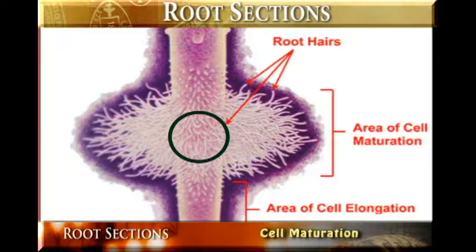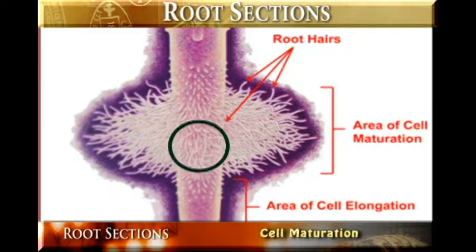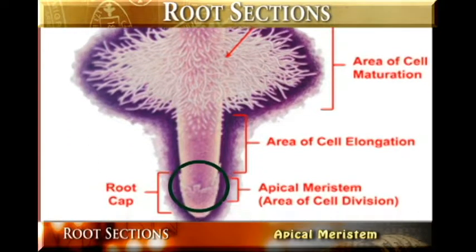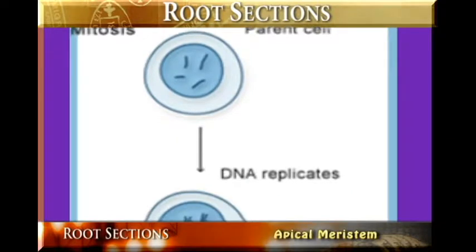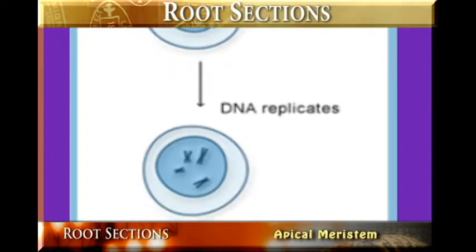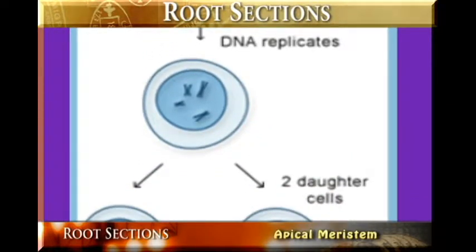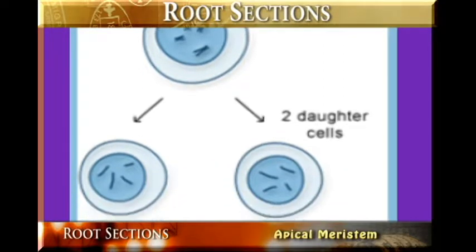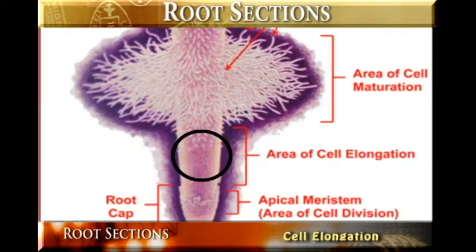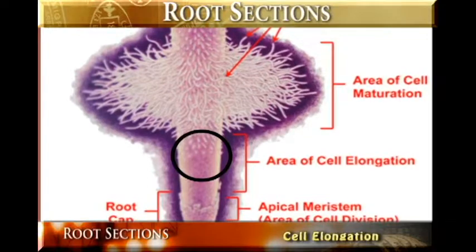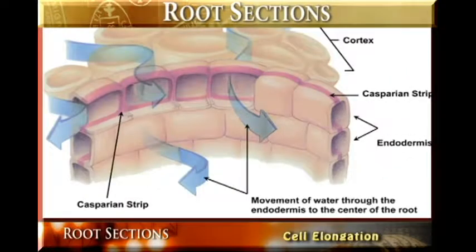We have said that there are three regions of the root apex. We have the region of cell division, where cells divide and where there is growth of the root, continuous dividing by mitosis. We have looked at the region of cell elongation, where we have said that there is absorption of water and then also development of the vacuole, which leads to the rapid enlargement and the elongation of the cells.